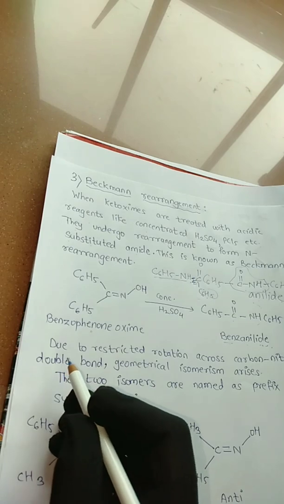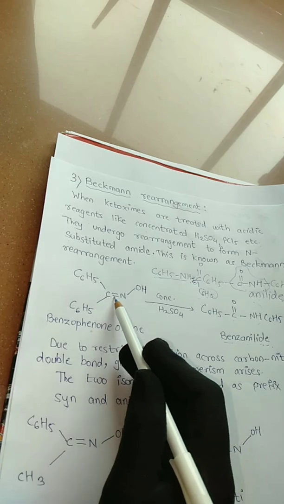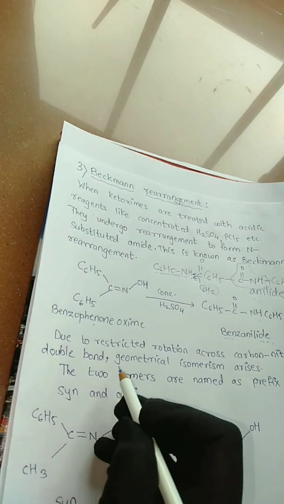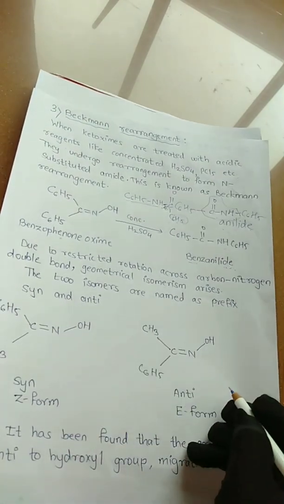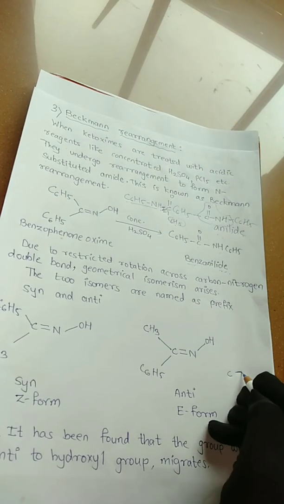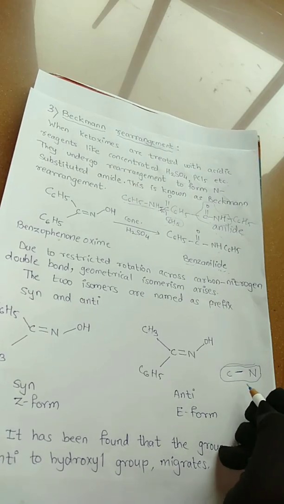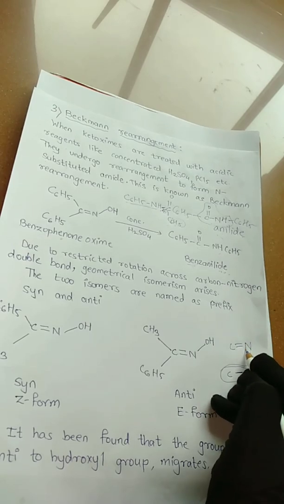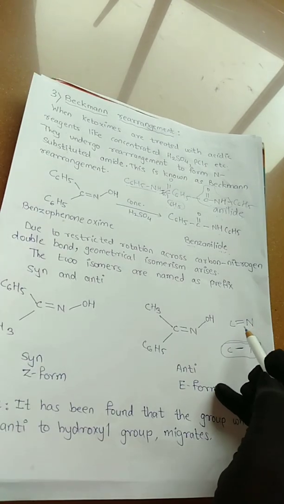You can see here that carbon is doubly bonded to nitrogen, which is a restricted rotation. We know that when carbon is singly bonded to nitrogen, we can rotate this, but when carbon is doubly bonded to nitrogen, it is a restricted rotation.